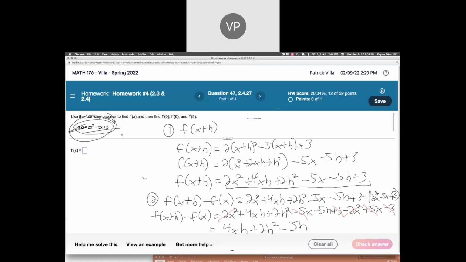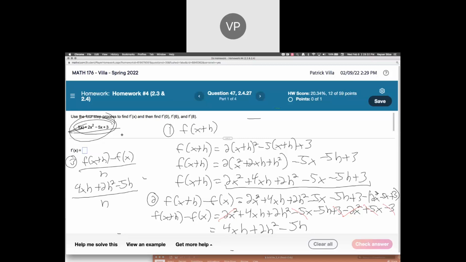Okay? Now the third step is you're going to take everything that we found, f of x plus h minus f of x, and we're dividing it by h. Okay, so that would be all of this, 4xh plus 2h squared minus 5h all over h.